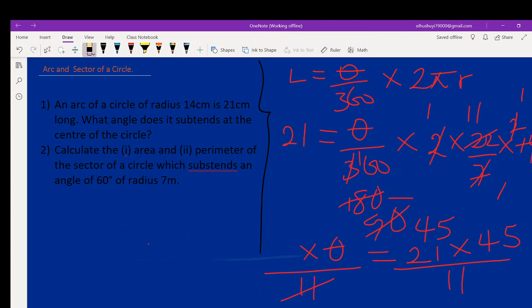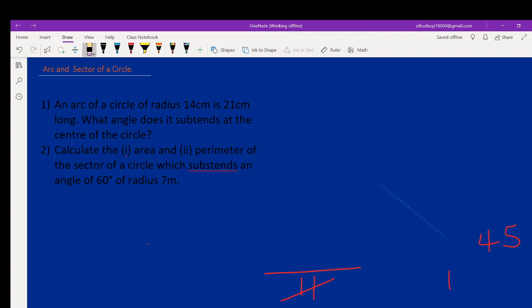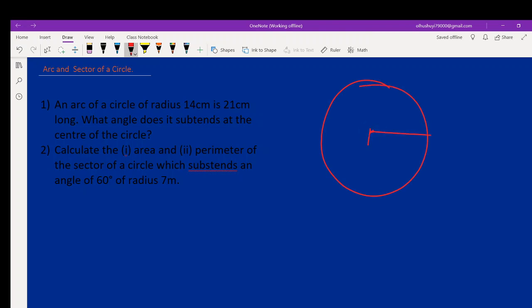The next question is talking about this: calculate the area and perimeter of the sector of a circle. Yes, this one is a sector. If you have a circle, take this as a radius and this as another radius. An angle is subtended here.